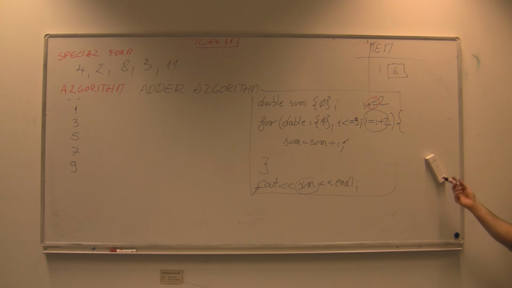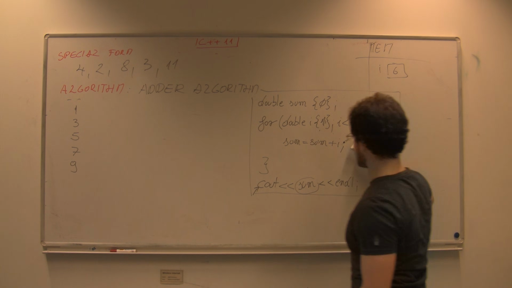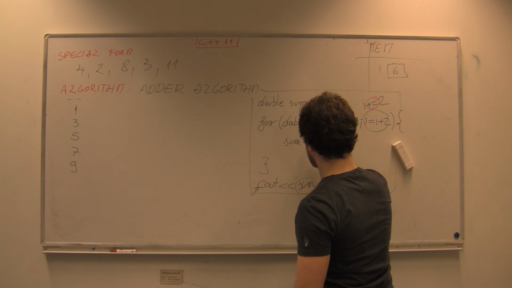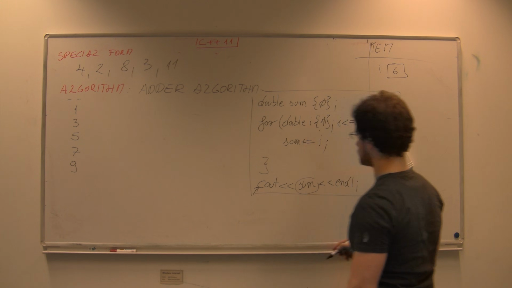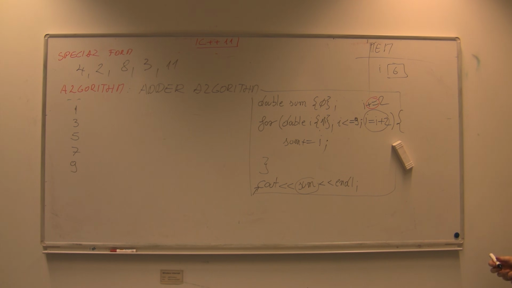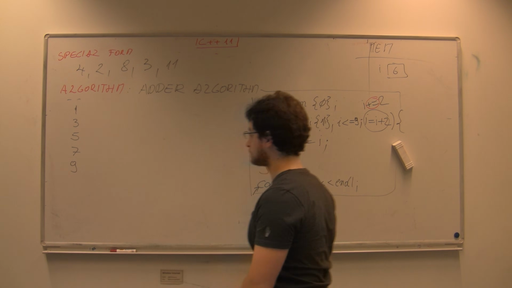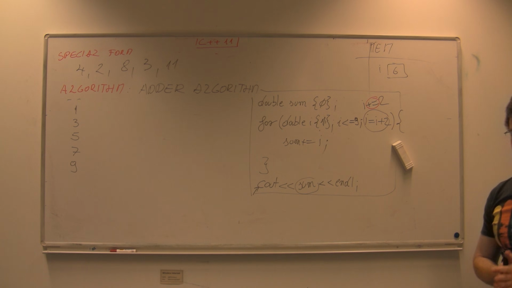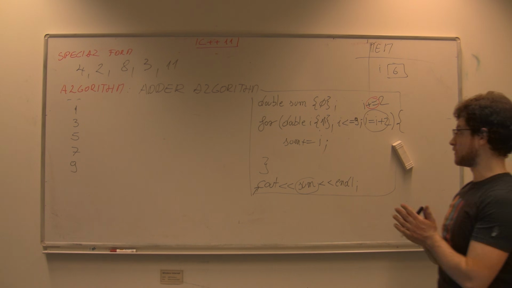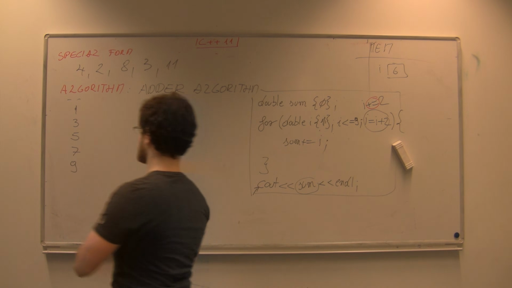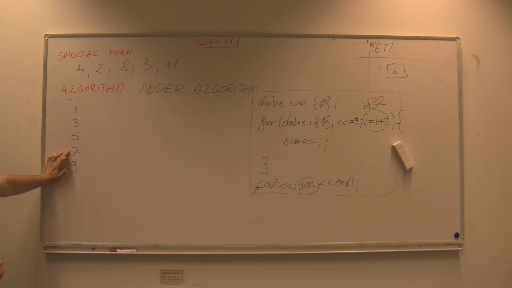Like this. Or, as I've introduced the new operator, sum plus equal i. And this will calculate the sum of the first 5 odd numbers. That's one way to do it, by producing these numbers in this iterative way.